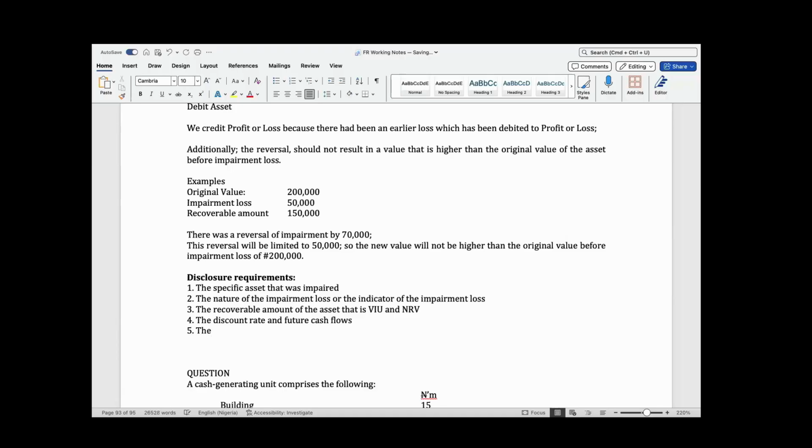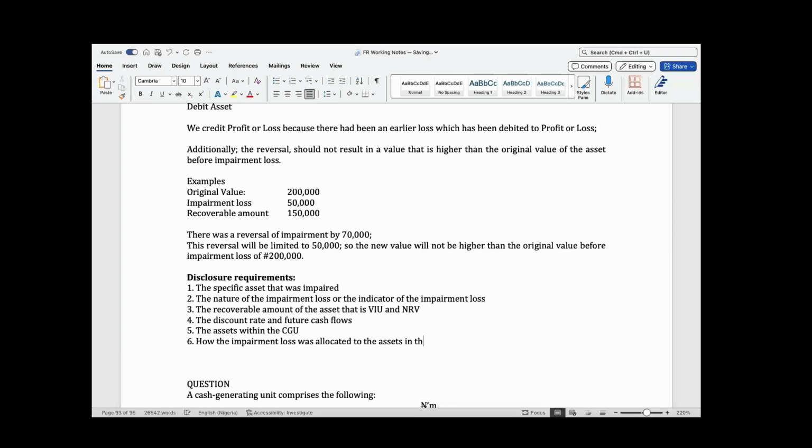Also, the assets within the CGU, right? And also how the impairment loss was allocated to the assets in the CGU, if you had used a CGU.